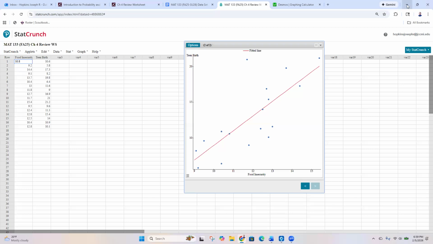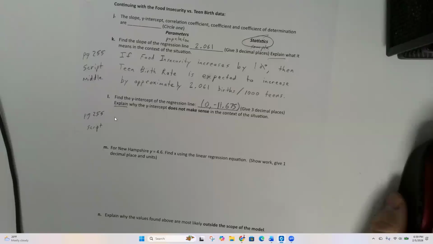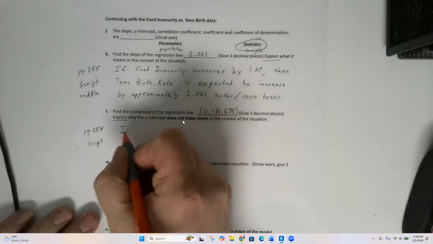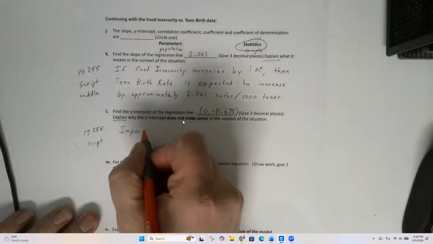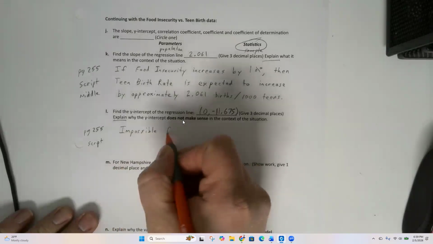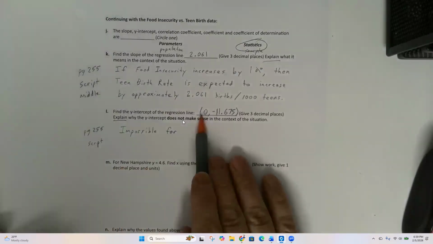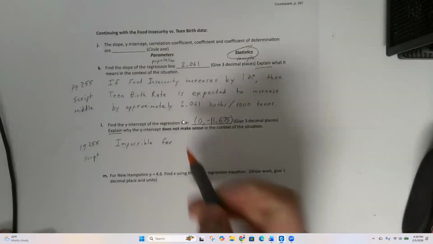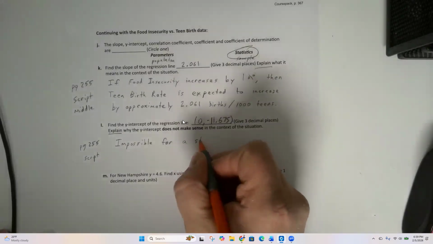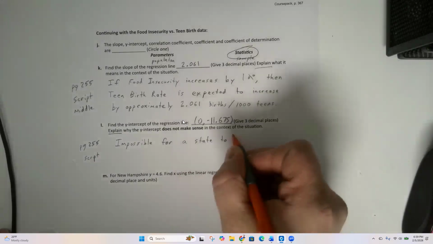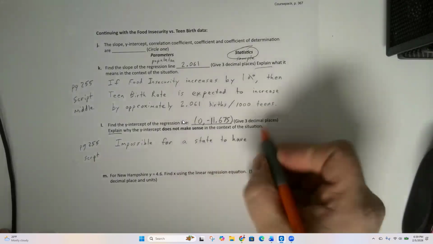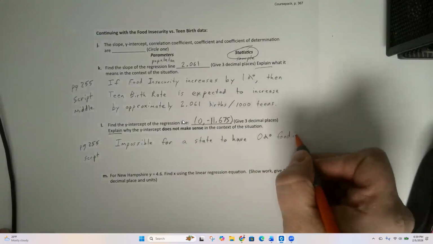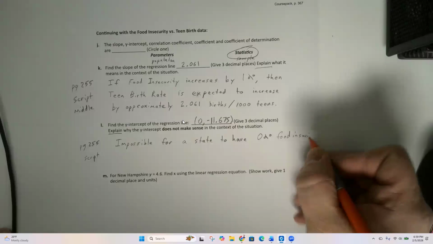Anyway, so let's go back. Let's actually fill this in. So, why does the y-intercept not make sense? We're going to say impossible for a state to have 0% food insecurity.